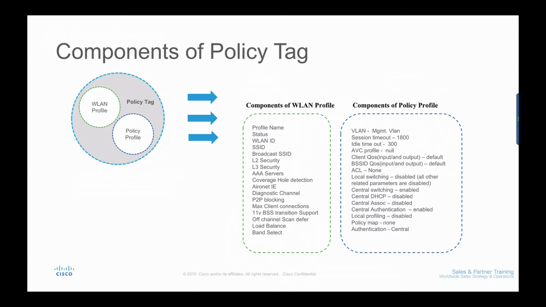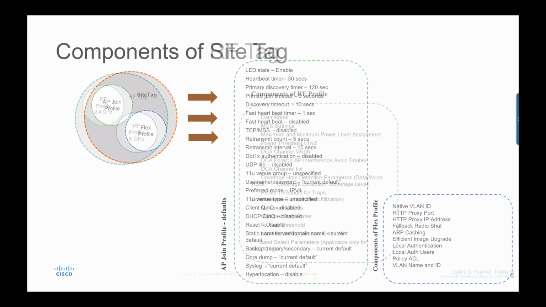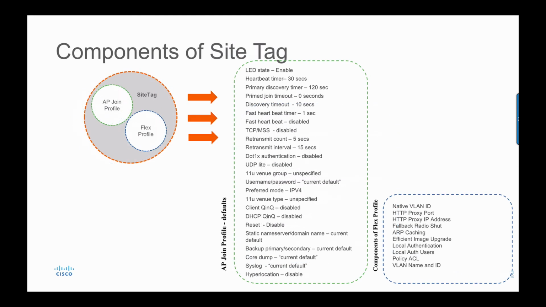The policy profile has configurations such as VLAN, ACL, QoS, session and idle timeout, AVC, Bonjour, local profiling, and device classification, amongst other things. Similarly, the AP join profile has attributes such as the primary, secondary, and tertiary controller mapping, heartbeat and discovery timers, and retransmit count and interval.